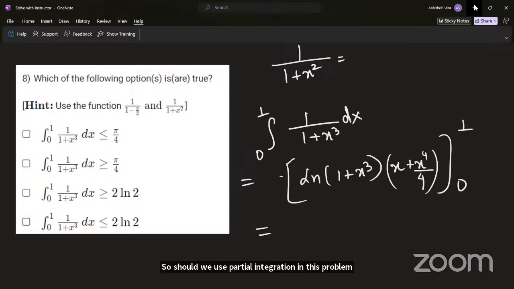Yeah, you can use that also. You can take the factors of this: x plus 1 and x squared minus x plus 1, and then partial fraction.